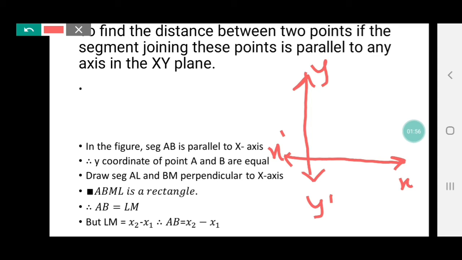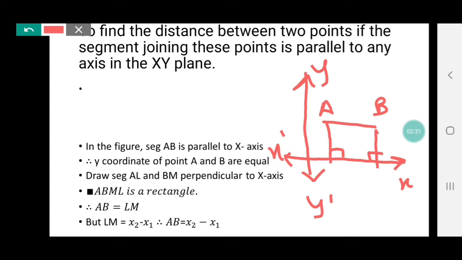Now if I draw a line, it is parallel to which axis? It is parallel to the x-axis, right? Now if I draw a perpendicular over here, wherever the points are intersecting, that will represent the x coordinate. Now in the figure, AB is parallel to the x-axis.